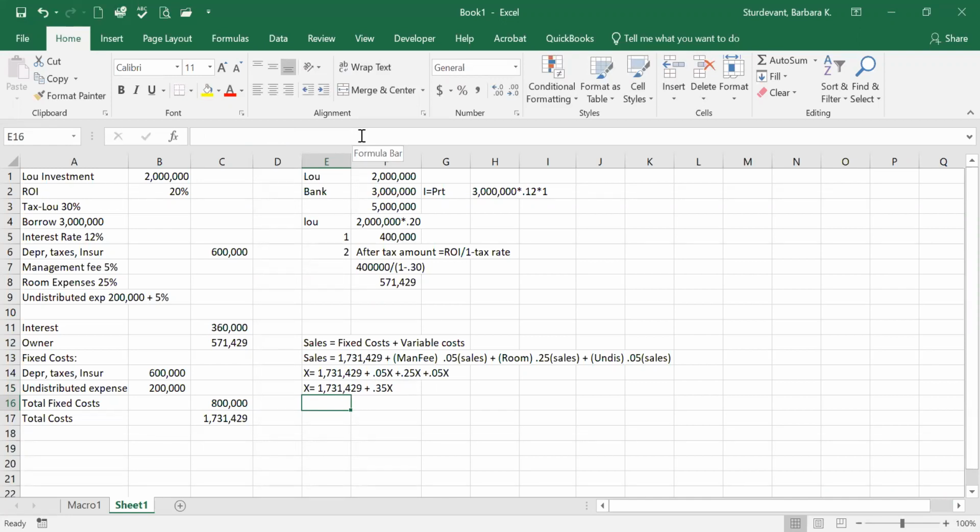Okay, if you have questions when I'm going, because I know you guys don't like this stuff, speak. Okay, combine like terms. So to get rid of this x, I have to subtract 0.35x from both sides. So you end up with 0.65x equal to the fixed cost.